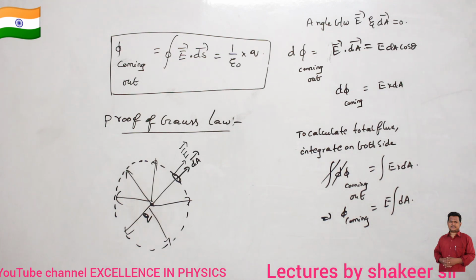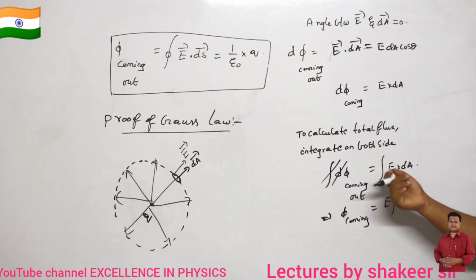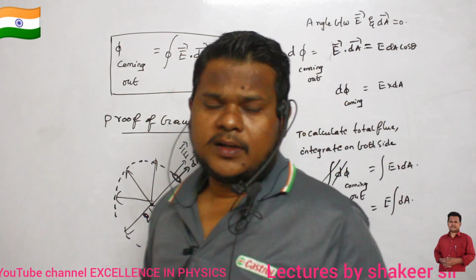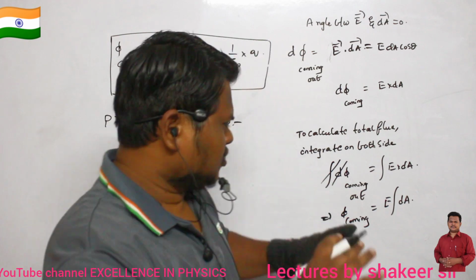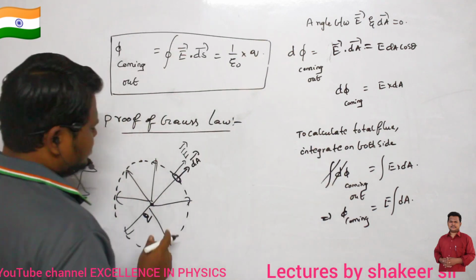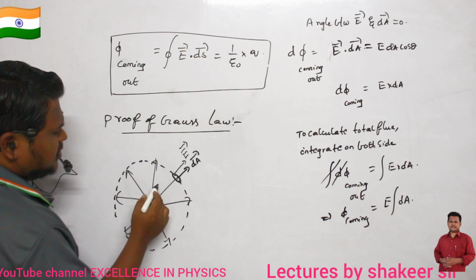Okay. Now can you say what is meant by E integration of dA? Here again, dA means a very small area. Integration of dA means what? Total area. What is the total area of this Gaussian surface? Let the radius of this one be r.